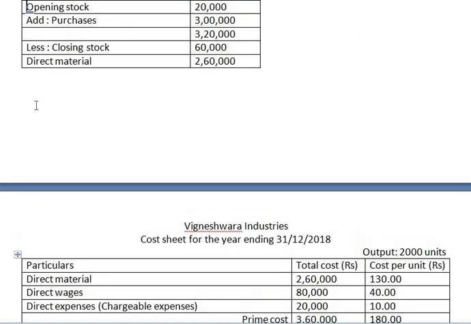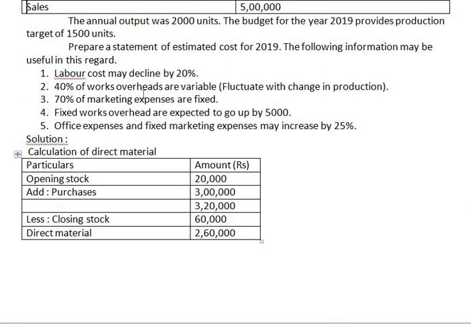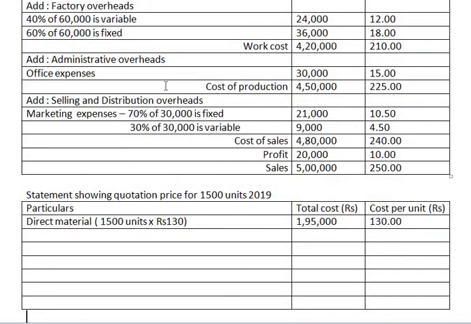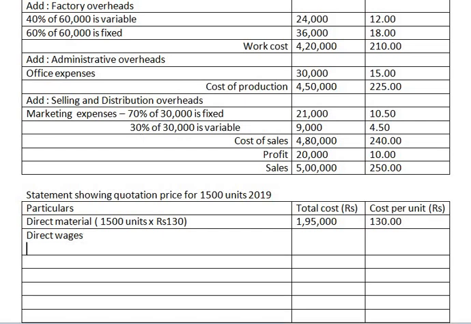Okay, now next is direct wages. See, any information is given. Labor cost may decline by 20%. It may decline by 20%, I have told. Okay, now here direct wages.